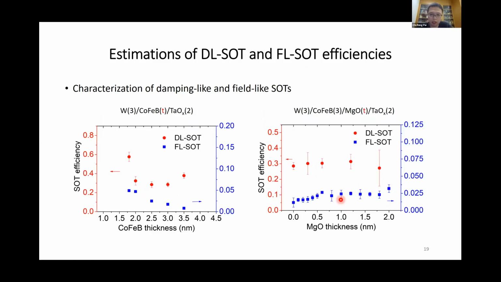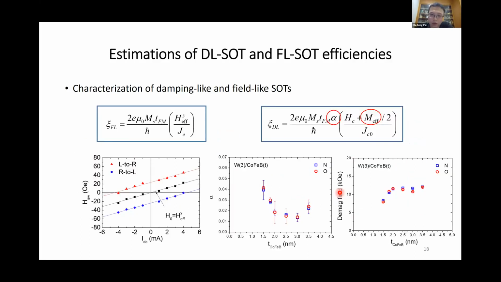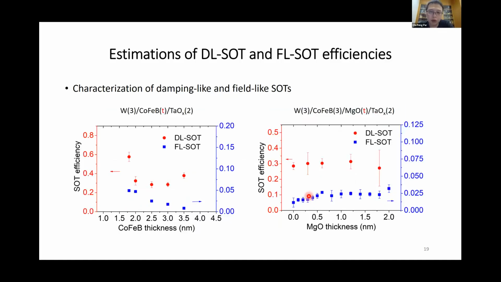For instance, for these tungsten cobalt-boron samples, in order to extract the damping constant and DMI field, we did perform ST-FMR. And from ST-FMR alone, we can already extract the damping-like torque and field-like torque efficiency. They are quite comparable to what we show over here.